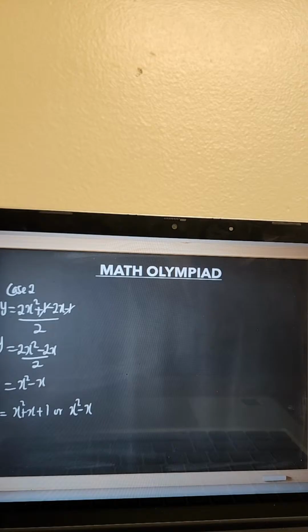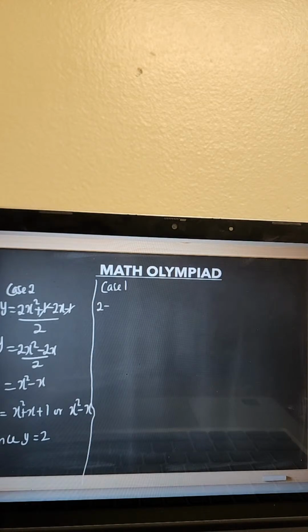Now, recall that y equals 2. For case 1, since y equals 2, you're going to have 2 equals x squared plus x plus 1.